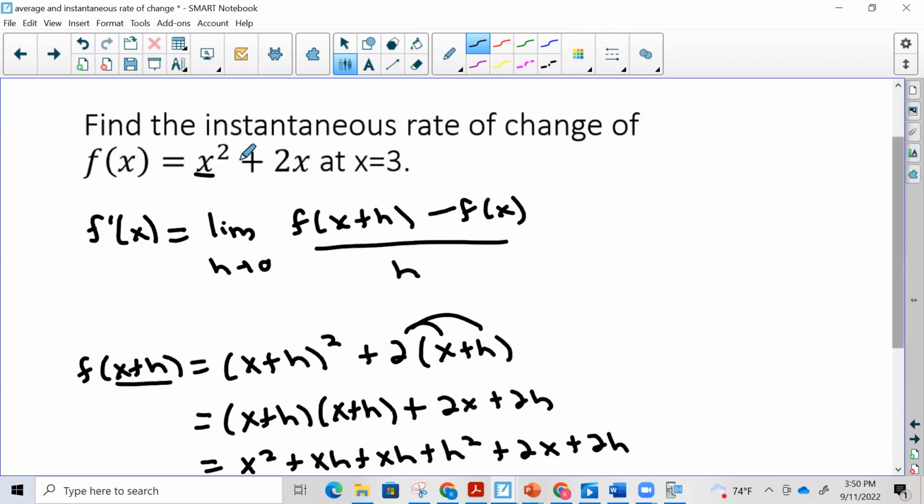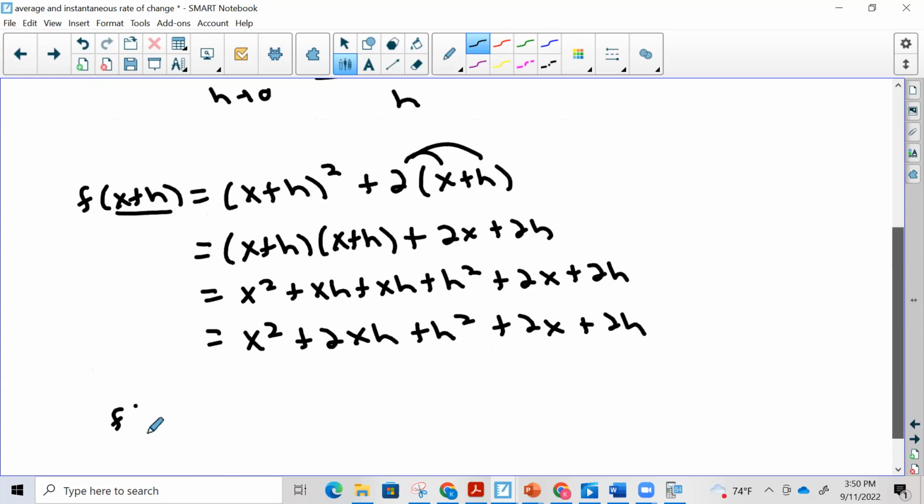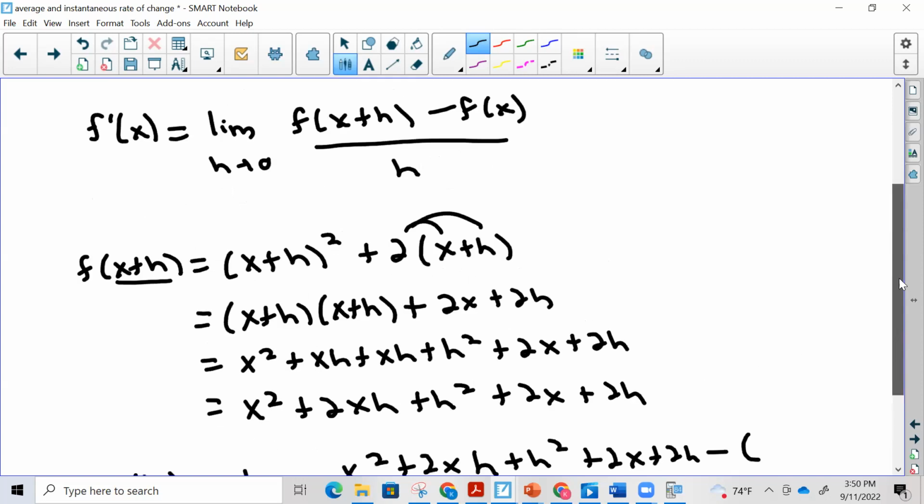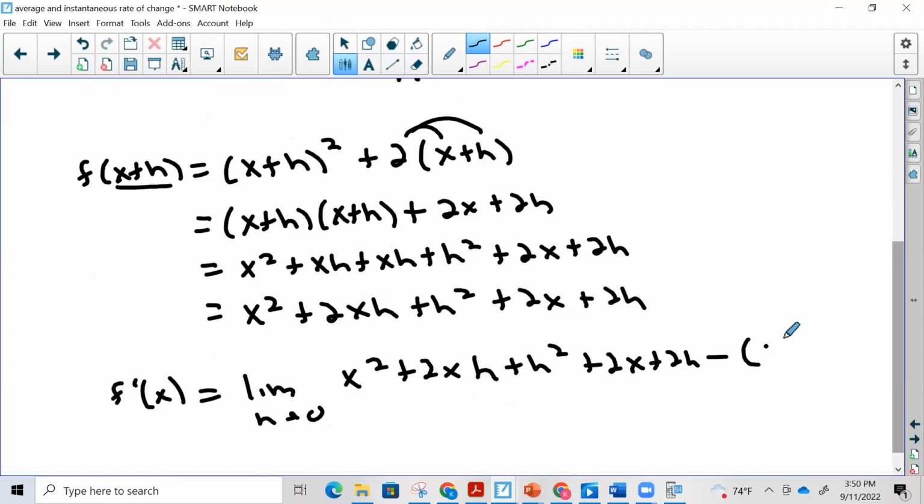f of x is just the original function. So if I come down here to find the derivative, we take the limit as h approaches 0 of this f of x plus h, which is what we just found. Okay, we're going to subtract f of x, which if we come back is x squared plus 2x. Remember, we're subtracting this entire quantity, so be careful with that.